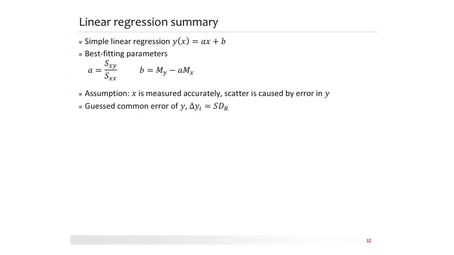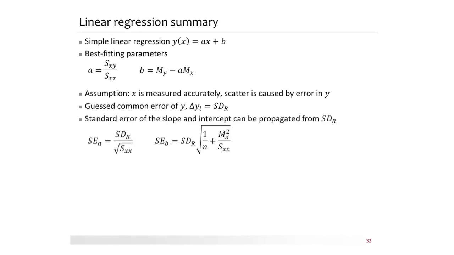And we then guess common error in y, which is expressed by this formula as dy r, which is the standard deviation of the residual. And standard error of the slope and intercept then can be propagated from this, and these are equations when you calculate it. Confidence intervals are t star times standard error for n-2 degrees of freedom, and standard error of y can be then propagated from these things.